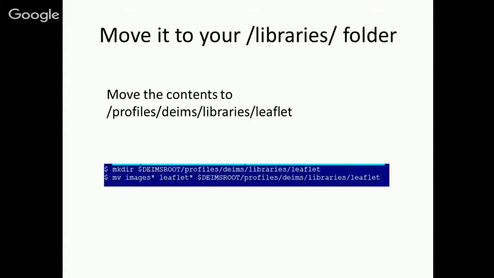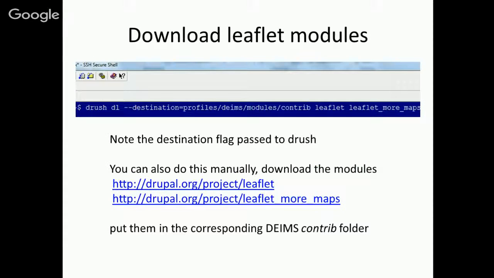Let's assume that you moved those libraries into the proper folder. The next thing is let's download the Leaflet Drupal modules. You can use the destination flag that is relevant for themes.